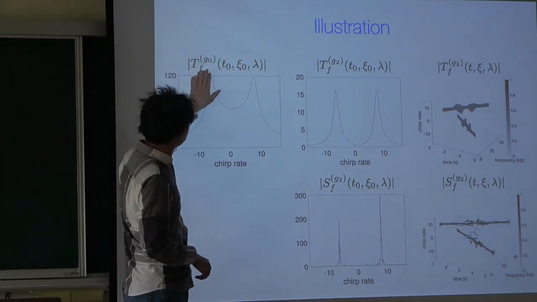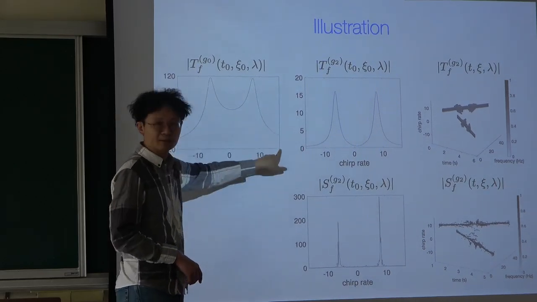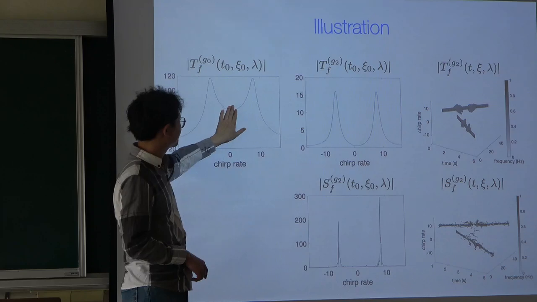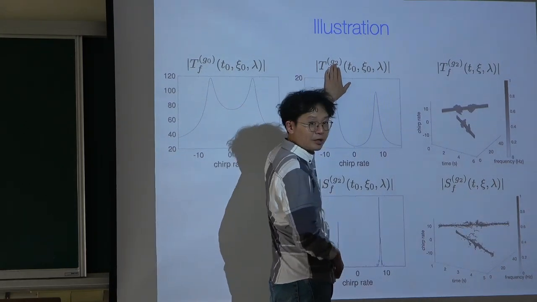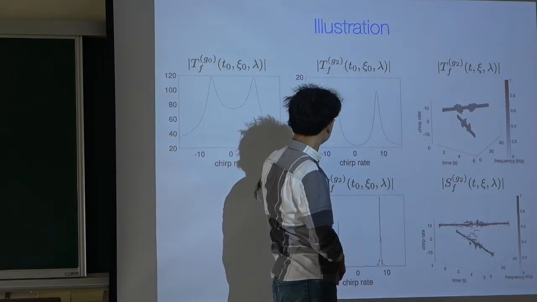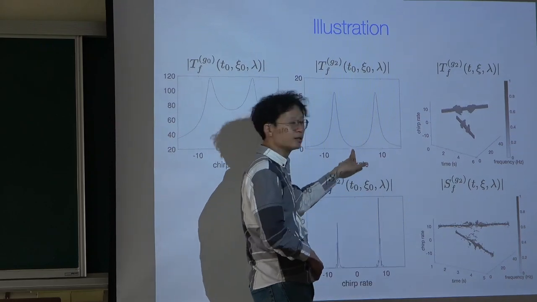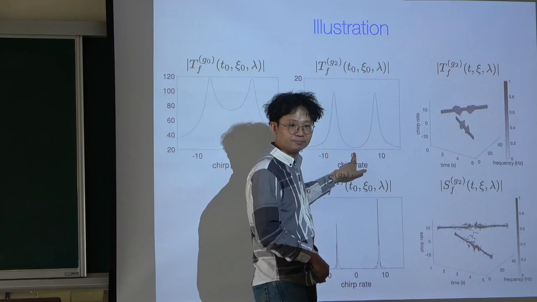You see, if you use G0, the Gaussian window, this is what happens. You have slow decay here. If you use G2, even without synchrosqueezing, you see, it has already much better contrast because the decay is much faster.